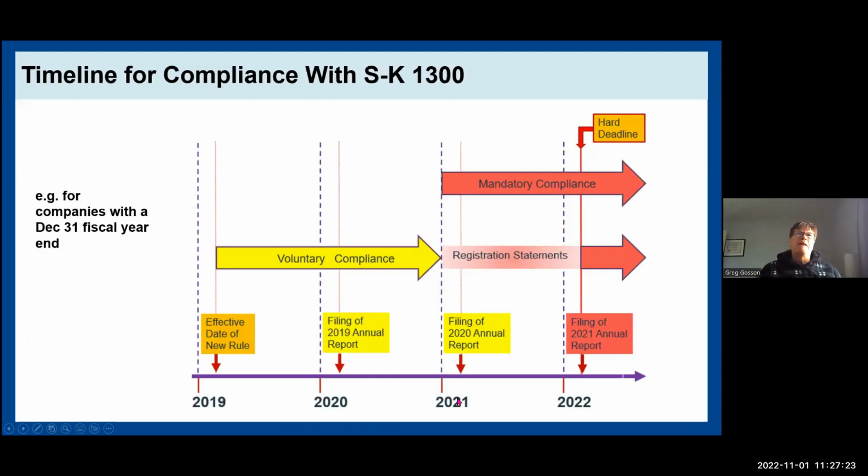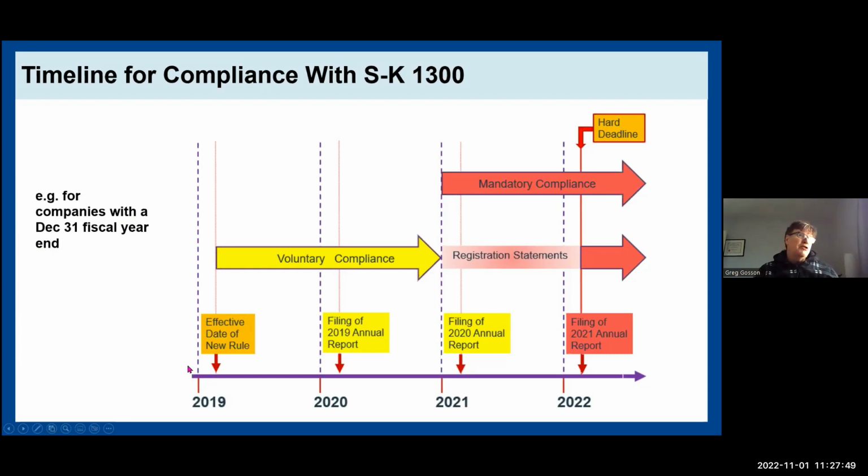Useful links. This is mostly historic now because we're now up here in late 2022, but they published back in 2017 the first draft of what became the Regulation S-K rule. They put it out for public comment, and then they revised the rule, finalized it based on the comments received and for further consideration.